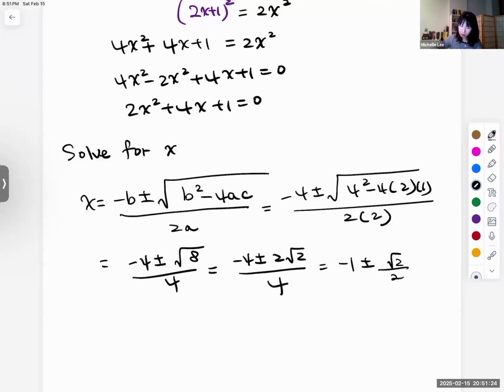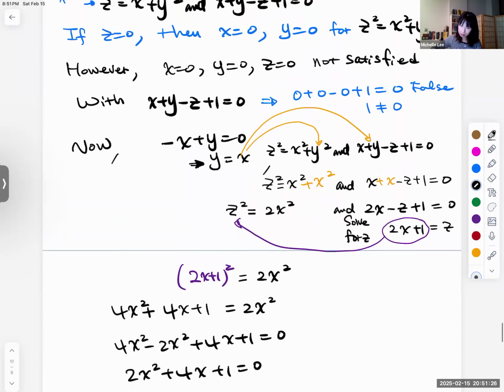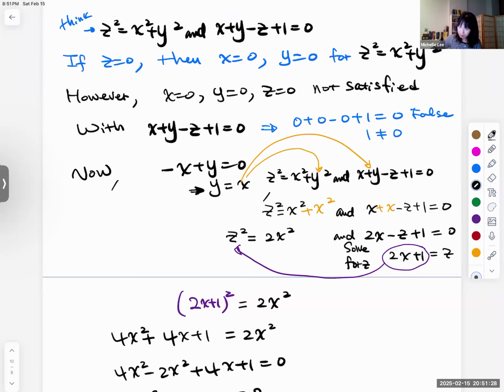Okay, then we had y equal to x, and then z equal to 2x plus 1, right? So let's see using that. Let me just copy this one.